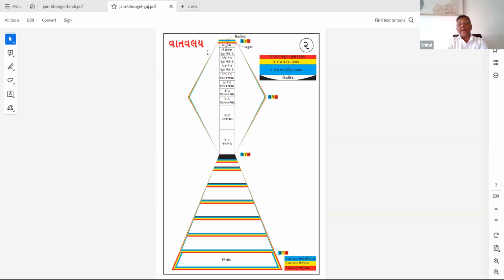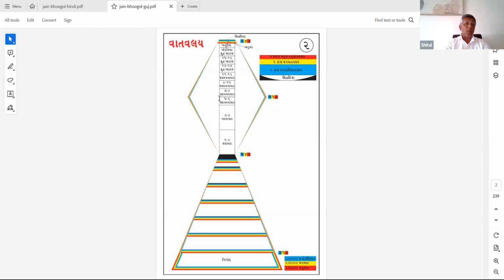The question that's asked in the scriptures is what supports the lok, because the lok is right in the center of the cosmos. So what's stopping the lok from falling down? What is supporting the whole lok? And the answer given in the scriptures is that the whole lok, the 343 Ghanraju lok, is supported by these big winds.